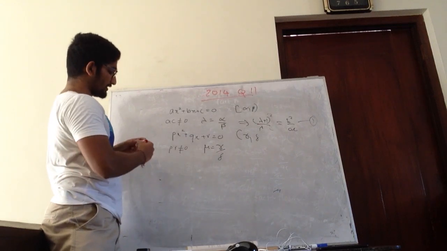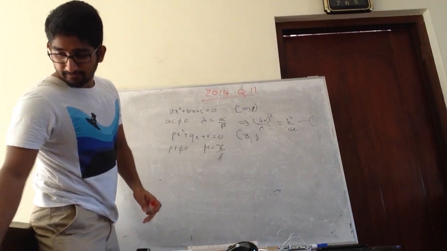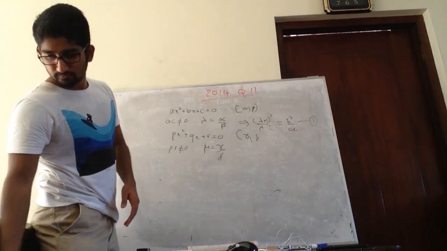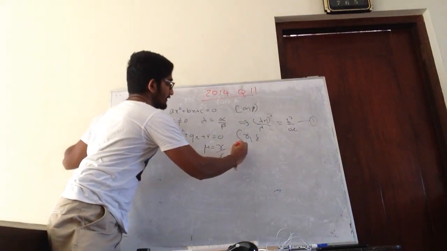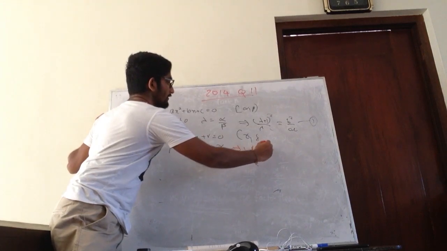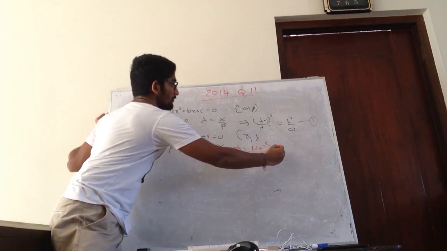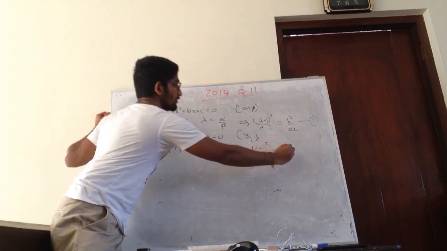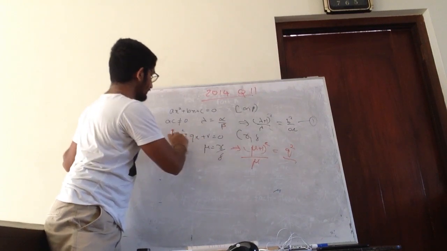So you can basically say that mu plus 1 squared over mu will be equal to q squared over pr.